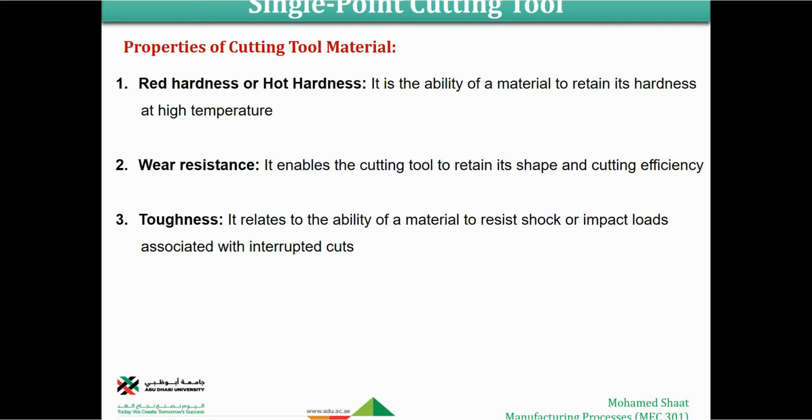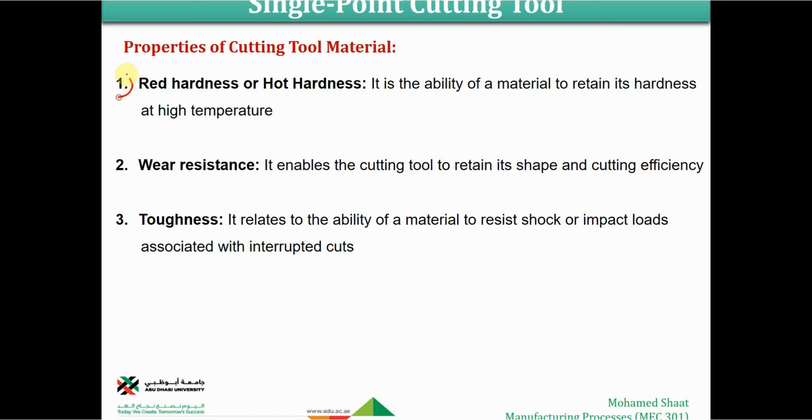The chip formation exposes some heat, in addition to the friction between the tool and the workpiece, or the friction between the tool and the chip. So there is friction as a source of heat, and chip breakage as another source of heat. That means we end up with a huge amount of heat, so the tool should be made of a special material that can withstand this high temperature generated during the machining operation.